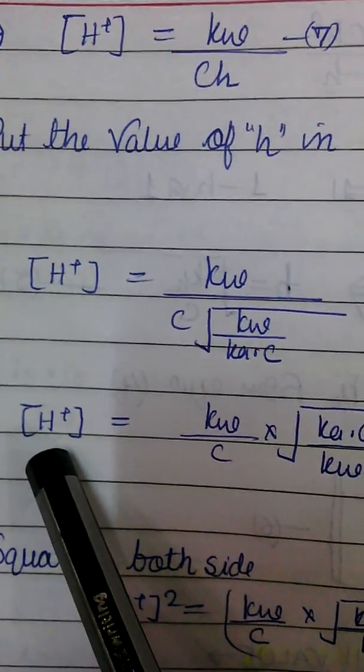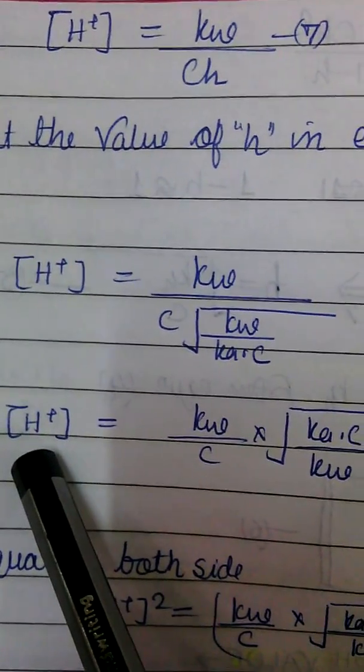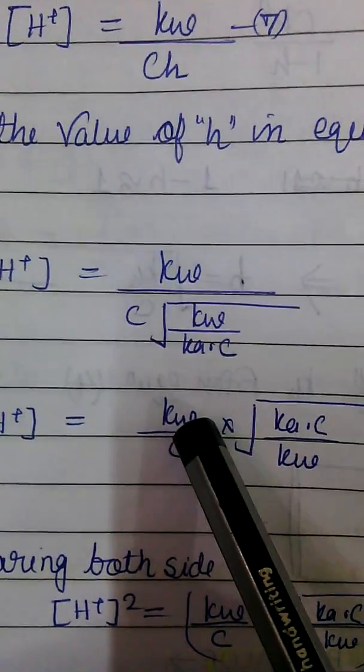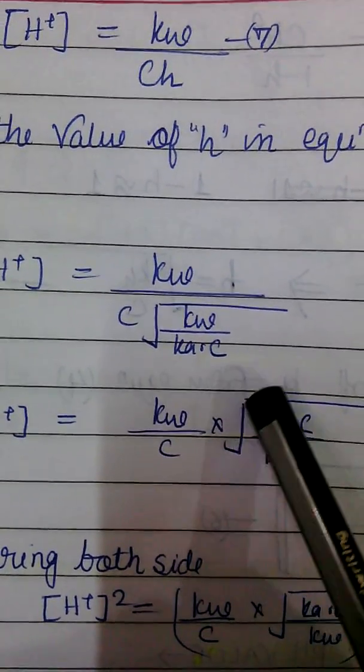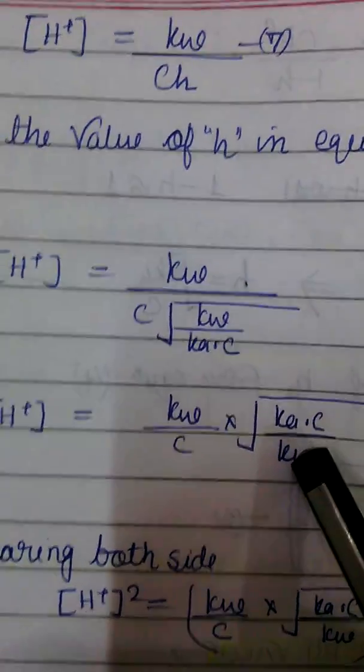Now we can solve this equation in such a way: concentration of H+ equal to Kw by C into root under Ka into C by Kw.